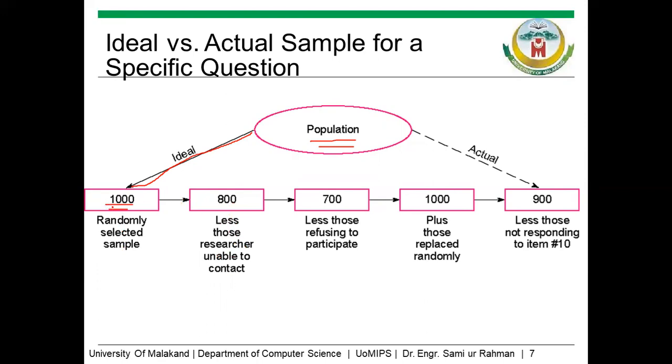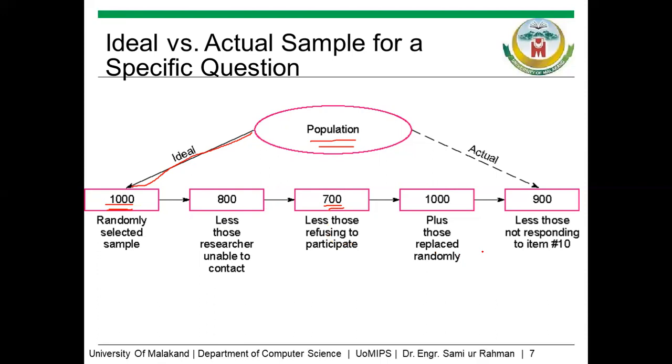Let's say we select that we will access those 1000 people, but what actually happened is the researchers were able to access only 800 samples. Okay, and of those 800 samples who were accessed, 700 provided answers and 100 refused to participate.